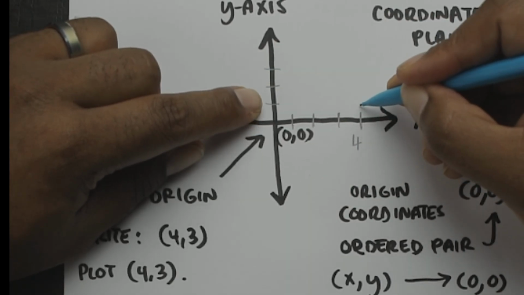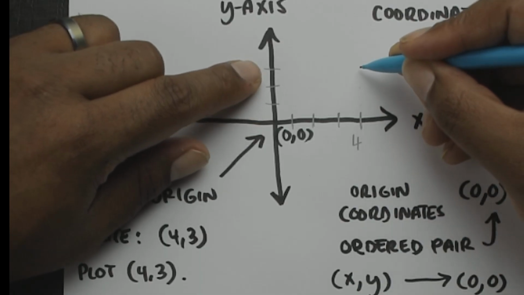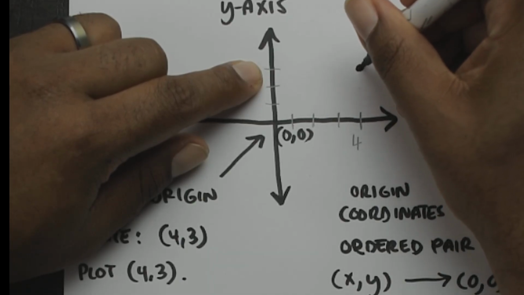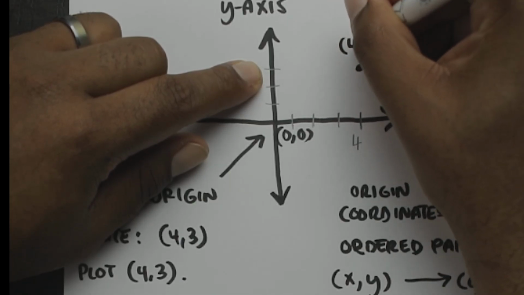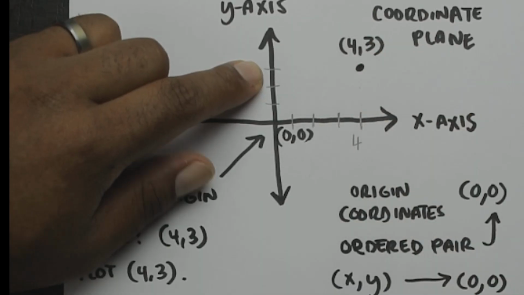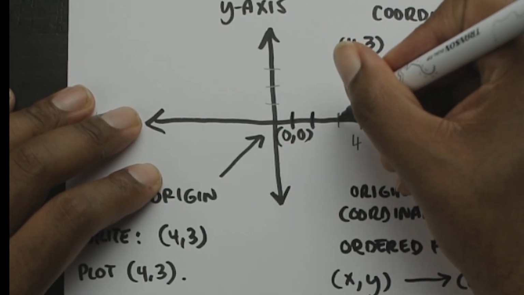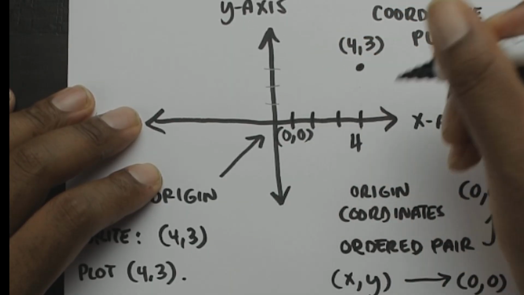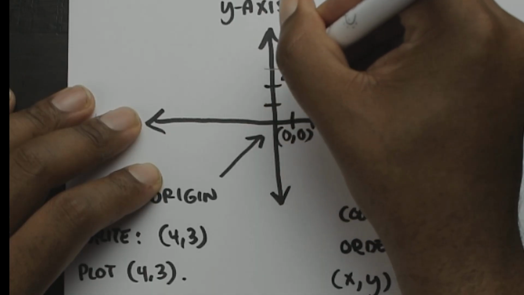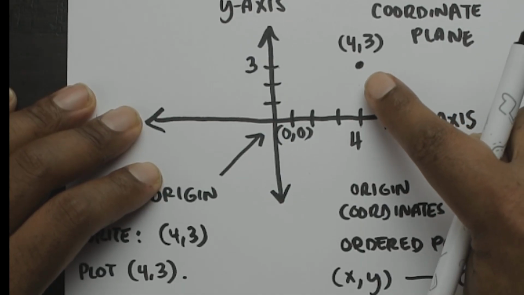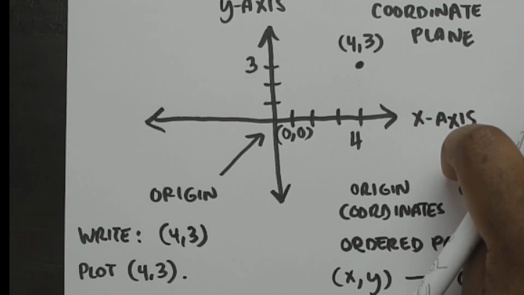So notice 1, 2, 3. That would put me here. So the point 4, 3 is located there on the Cartesian plane. Let me darken these so you can see. So 4 units, 3 units. That would be specifically where that point is located.